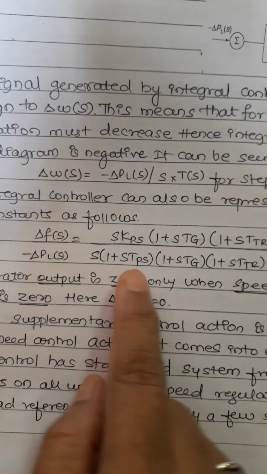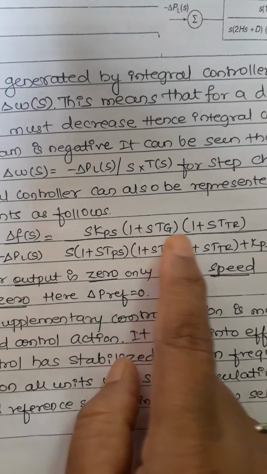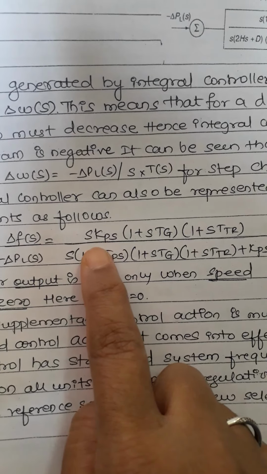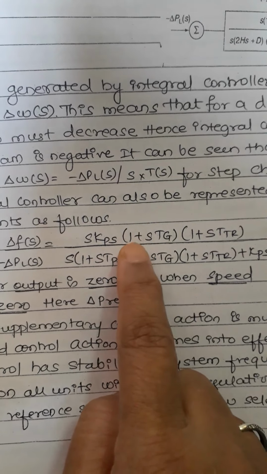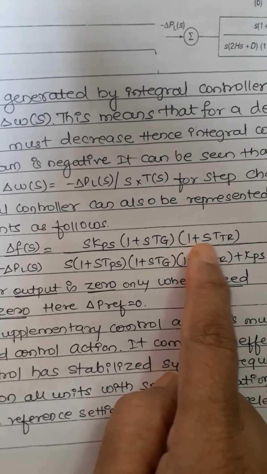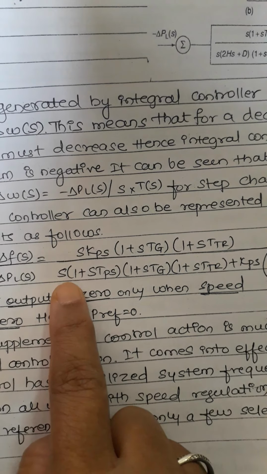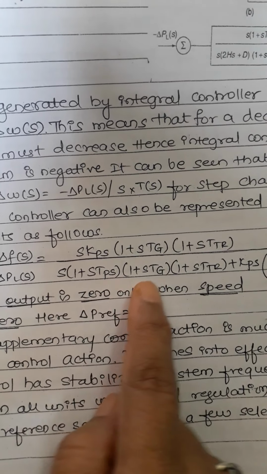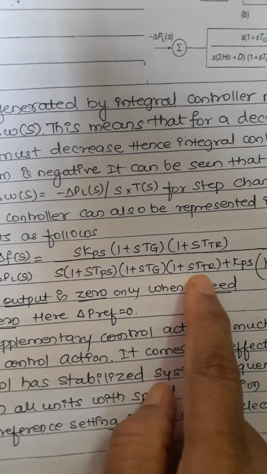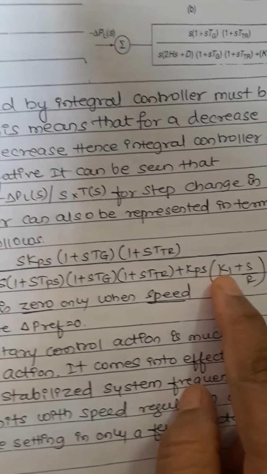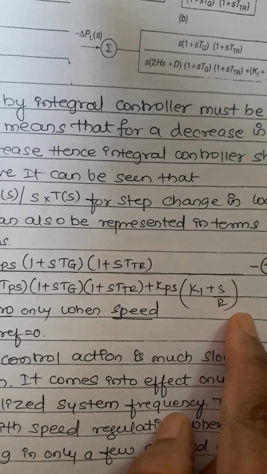PLs is the power with respect to the frequency, here the change in the frequency. It is s Kps into (1 plus sTG) into (1 plus sTT) upon s into (1 plus sTps)(1 plus sTG)(1 plus sTT) plus Kps into K1 plus s upon R.